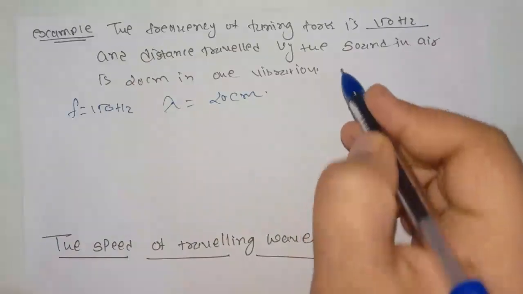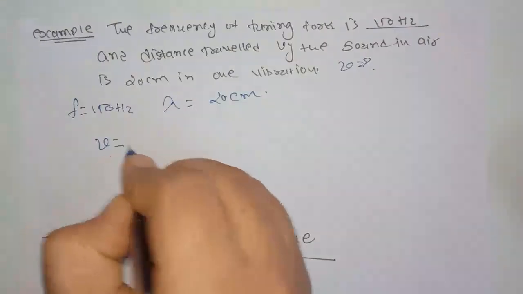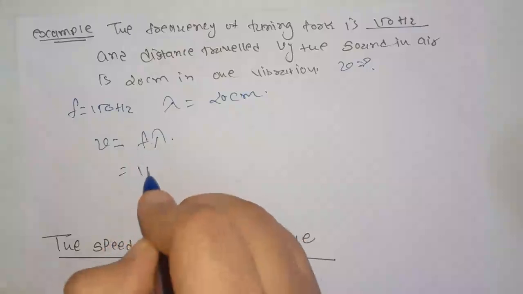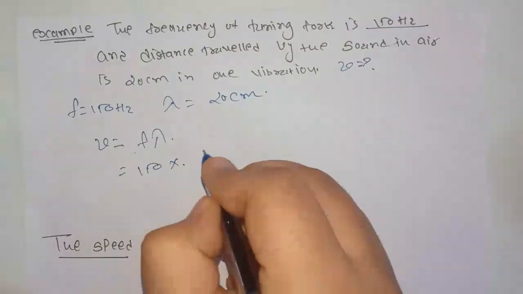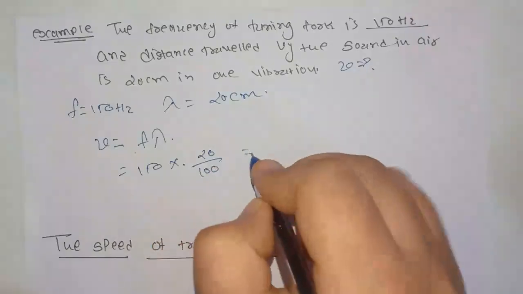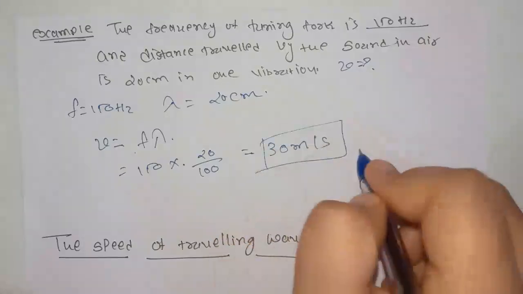We want to find the speed of sound in air. v is given by f lambda, as we have derived. So frequency is 150 into lambda is 20 divided by 100. So the speed will be 30 meters per second.